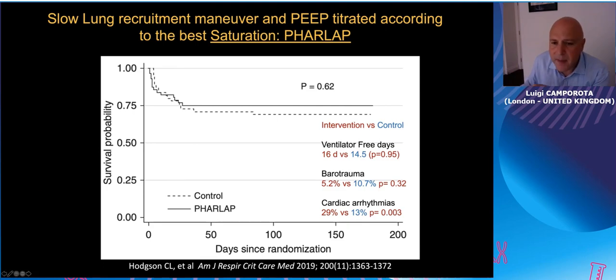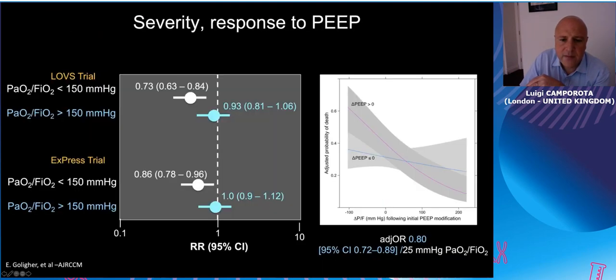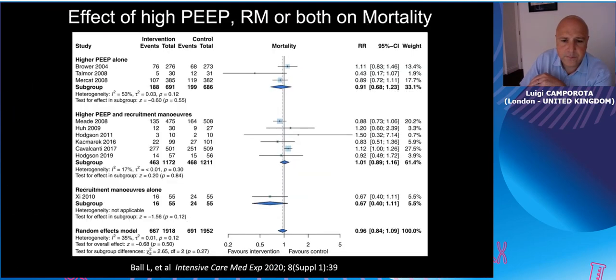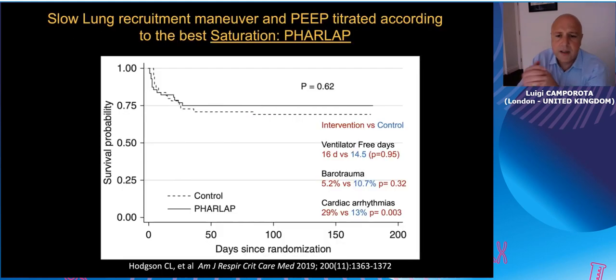Now, the other message came from the PHARLAP trial, which essentially showed, this was a study where they randomized high PEEP plus recruitment maneuver, and this study did not show any difference in terms of ventilator-free days, in terms of barotrauma, although there was a higher incidence of cardiac arrhythmias.